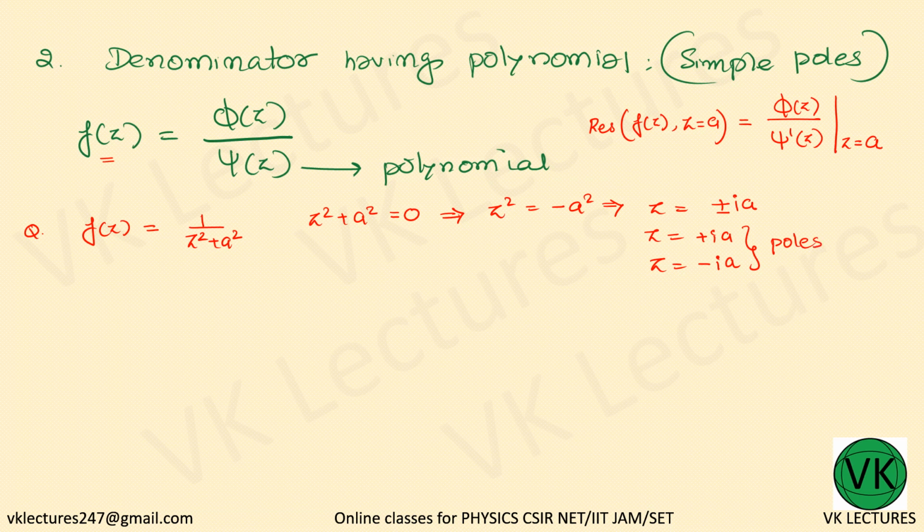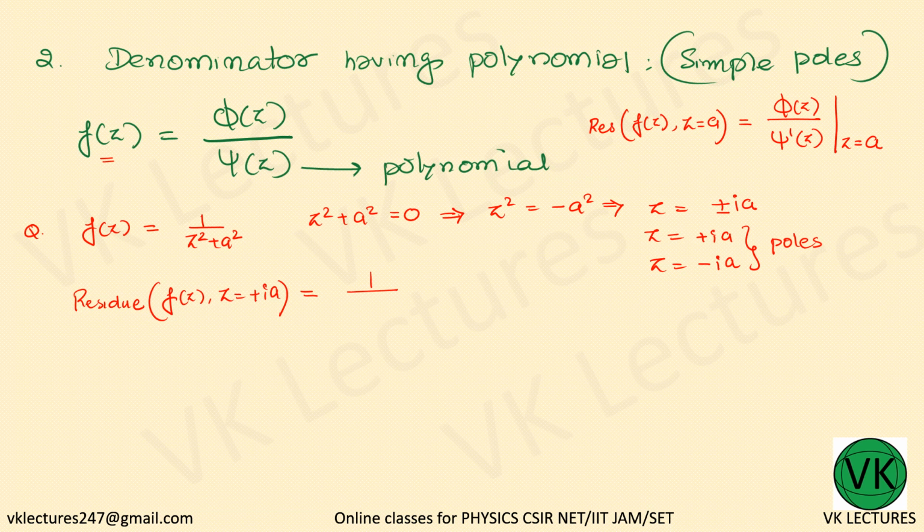So the residue of the function f of z at z equal to plus ia is equal to phi of z, that is 1, divided by psi dash.